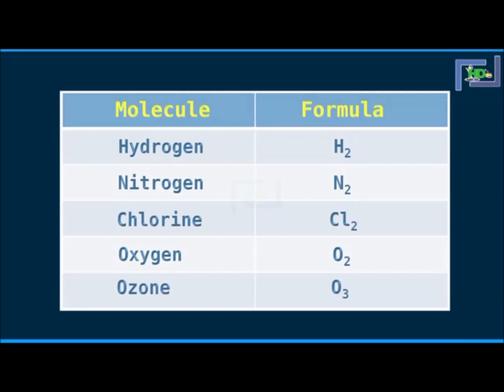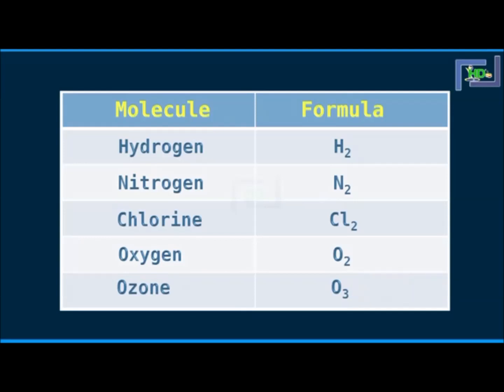Homoatomic molecules can be further classified based on the number of atoms in the molecule. If it contains two atoms, it is called a diatomic molecule. The examples of diatomic are H2, N2, Cl2. If it contains three atoms, it is called a triatomic molecule. The example of a triatomic molecule is ozone, that is O3.